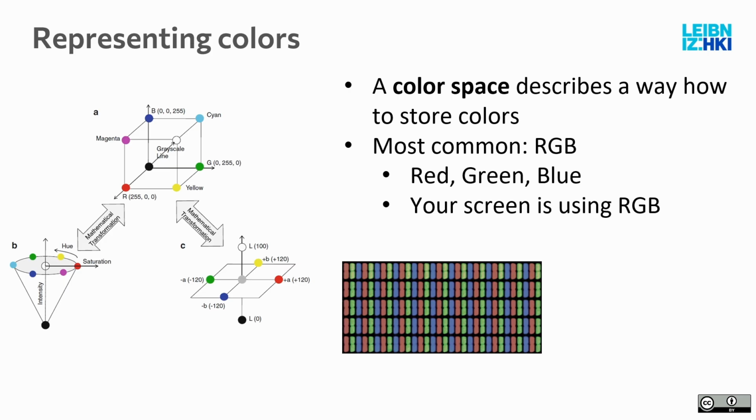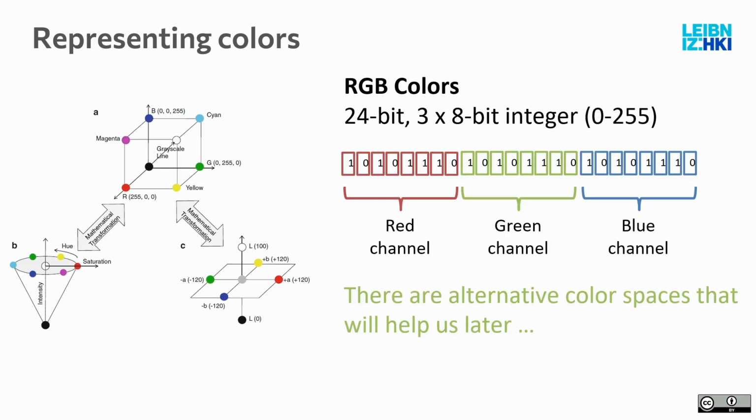But this doesn't mean this is the only way. There are other color spaces that you can use. So if you look at this in the bit level, again, just to illustrate it, 24-bit image, and then instead of saying that all these 24 bits are used to represent one number, we split them up into 3 numbers, each representing one of these channels.